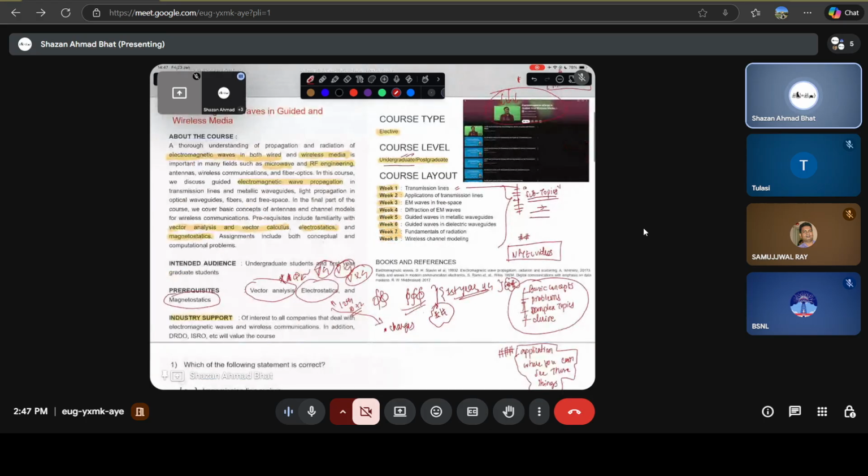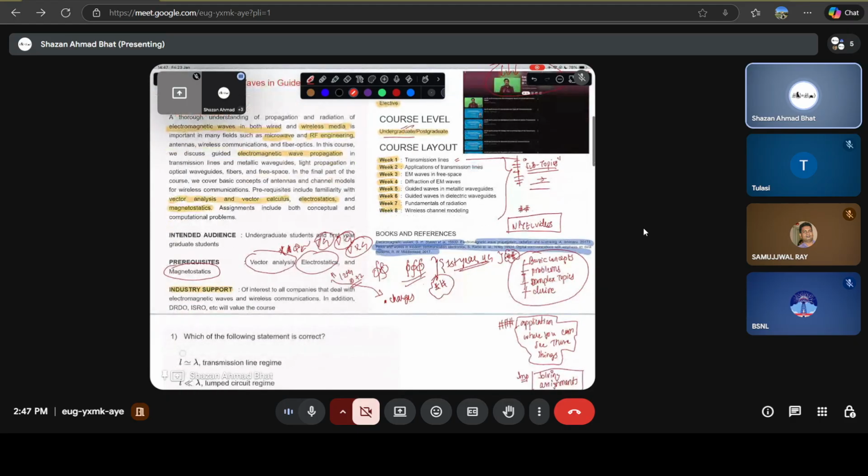These are some of the books and references you can check. You can go through these references, and one other reference I can add is the Schaum series for electromagnetic waves. If you are really interested in solving questions and understanding electromagnetics deeply, you can refer to the Schaum series electromagnetic waves.